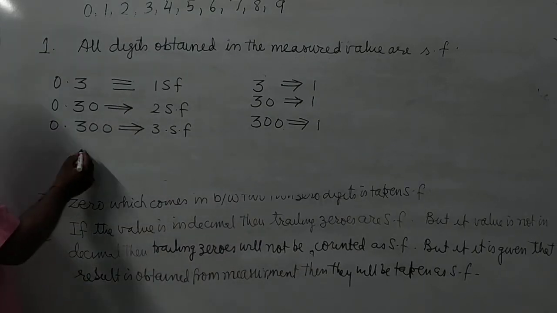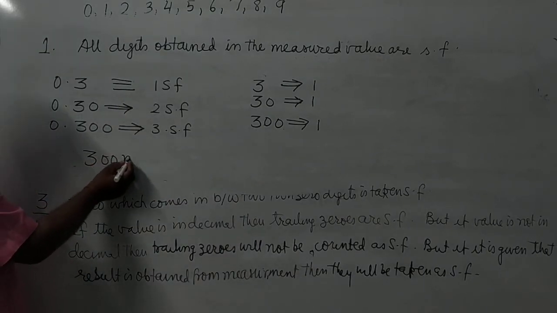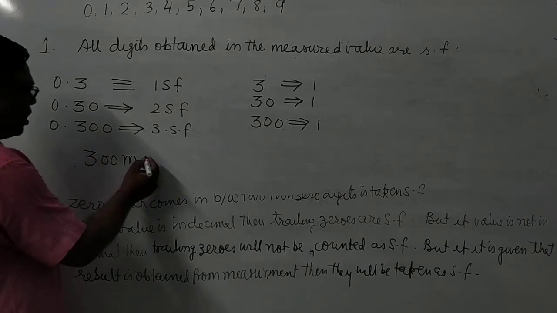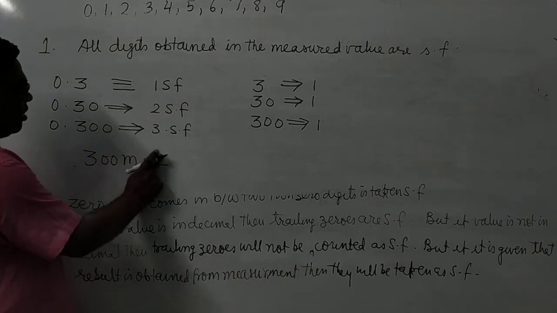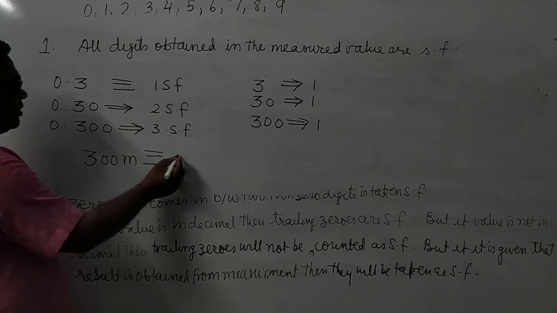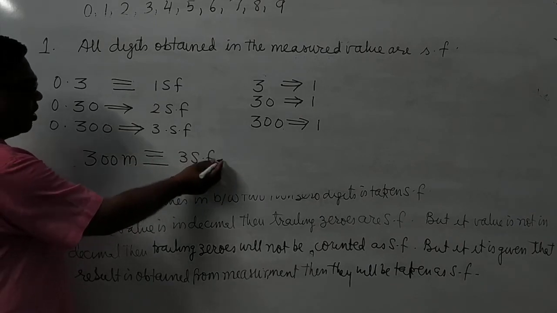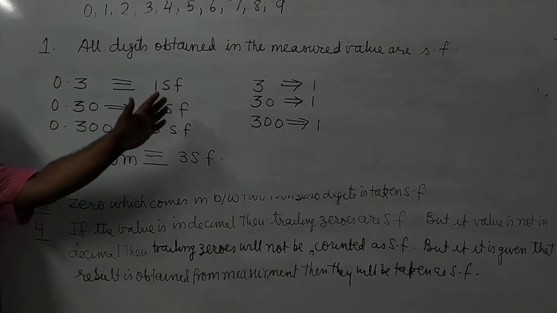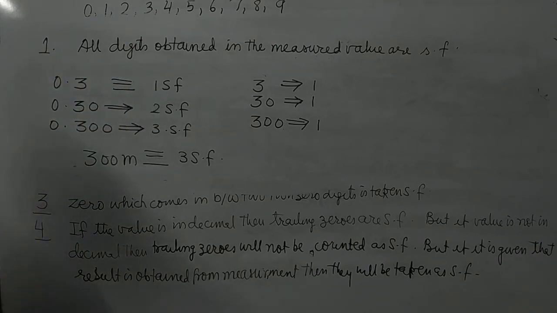But suppose it is written 300 meter and it is given in the question that this value has been obtained by measurement, then we will consider all 3 as significant figures, and in that case there will be 3 significant figures. So unless it is stated, we will not take trailing zeros as significant figures. It's clear? So this is 1.